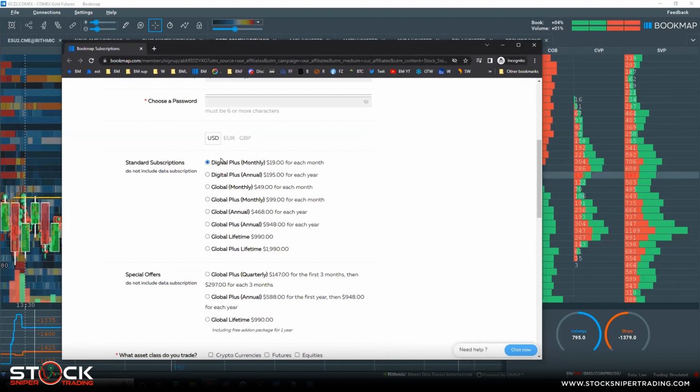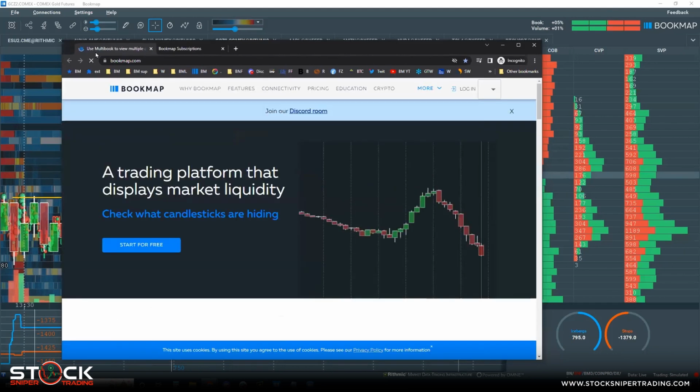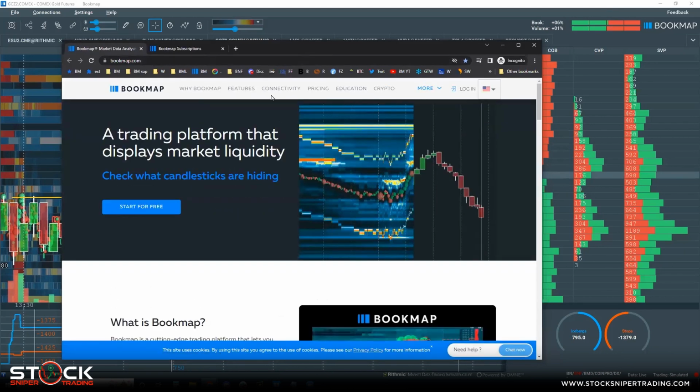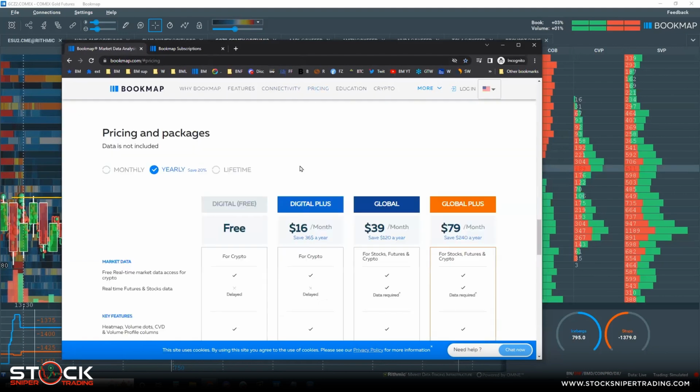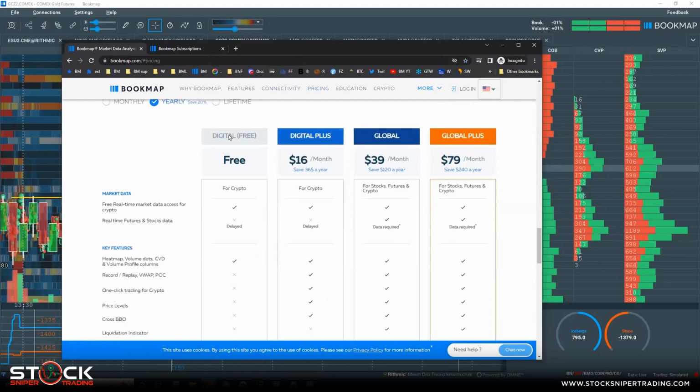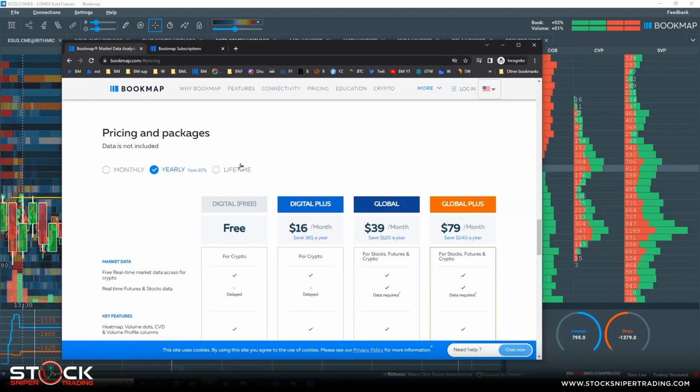I wanted to go over the different subscriptions in here, which you can find on bookmap.com. If you go to pricing on bookmap.com, there are different versions here, and you can get it monthly, yearly, or lifetime. You will most likely be interested in Global or Global Plus, either $49 a month or $99 a month.